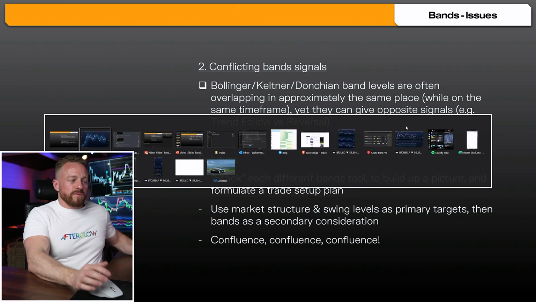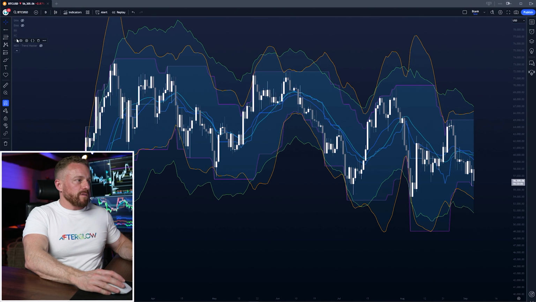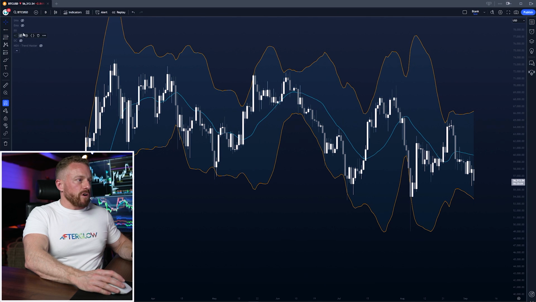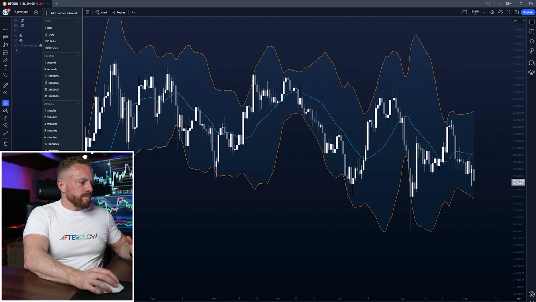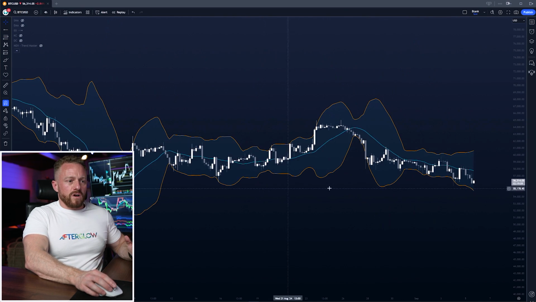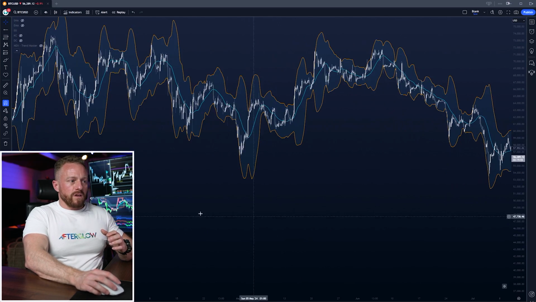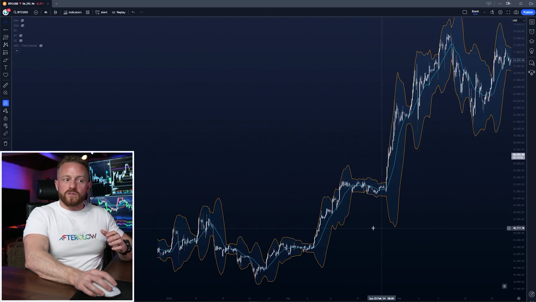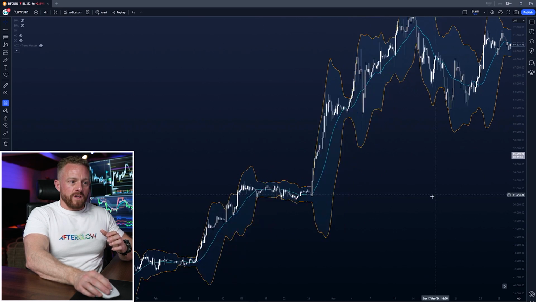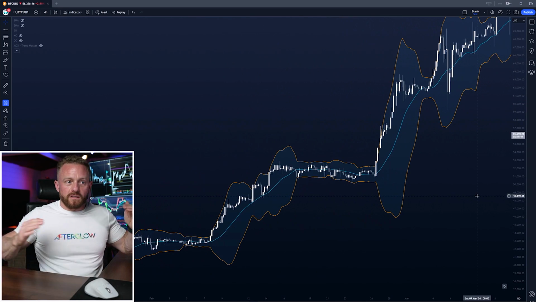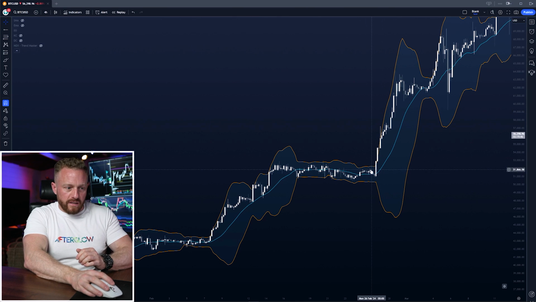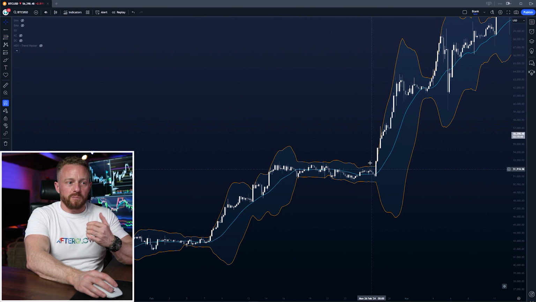So for example, if we go back to this, let's jump down to the 4 hour. You may start off looking for a potential expansion in price where you see this squeeze in the Bollinger Bands, like here back in February on Bitcoin.